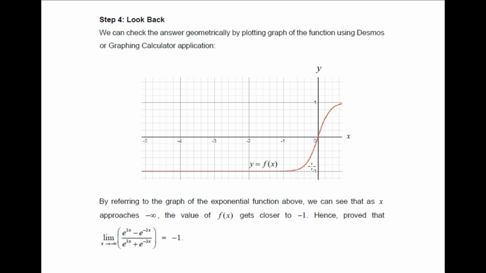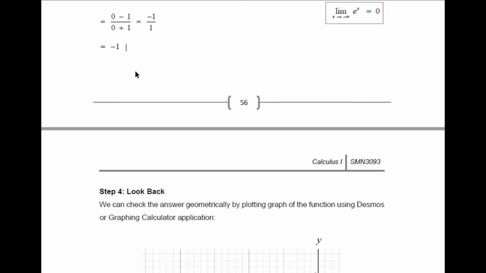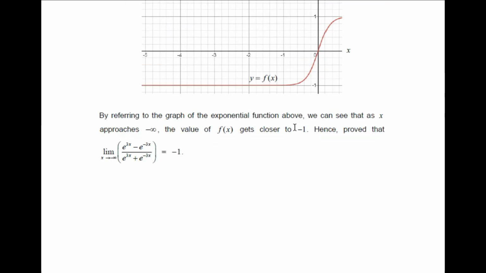Okay, so it's the same as what we got just now, and it proves that the limit of the function as x approaches negative infinity is equal to negative 1.